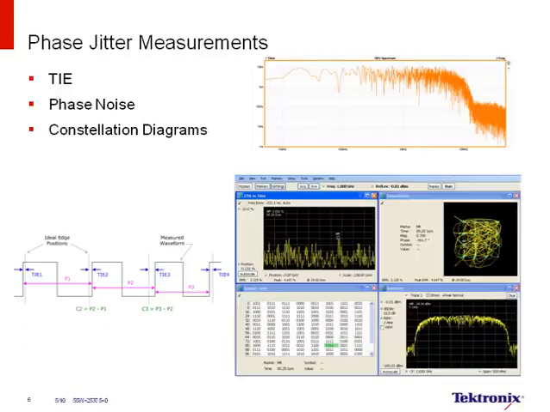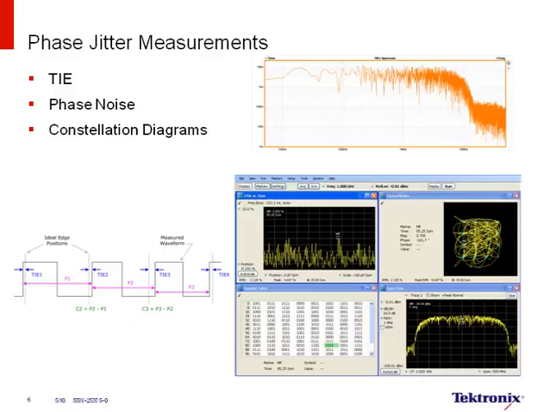Thank you. Okay, so if you look at the top right picture, you actually see what is close to a phase noise plot. The way to think about this is that the vertical axis would be the amplitude of jitter, and as you go to the right is the offset from the center frequency.